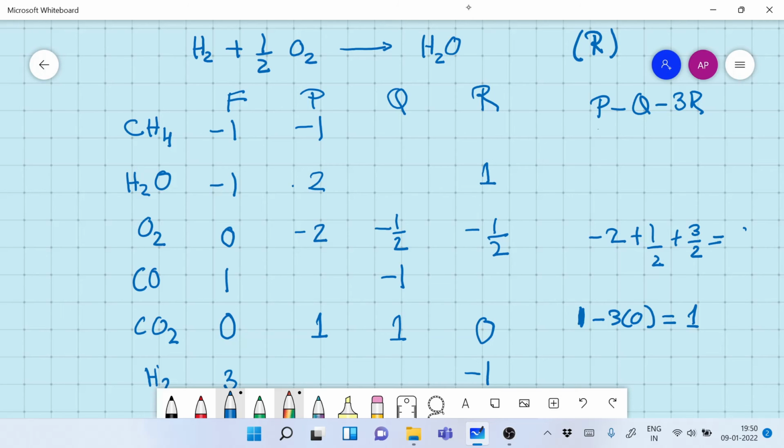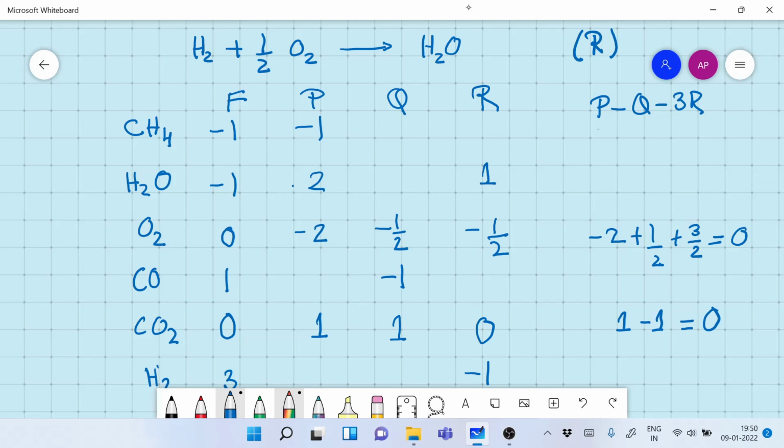And this is indeed equal to 0. Now we apply this on carbon dioxide too. What do we get? P, that is 1, minus Q, that is 1, and it is a 0.